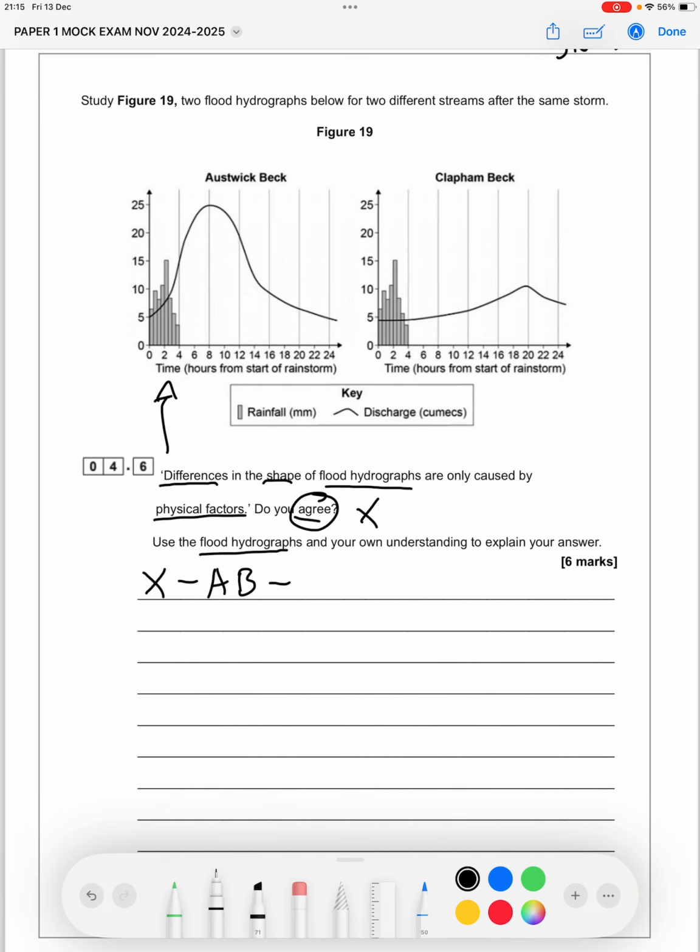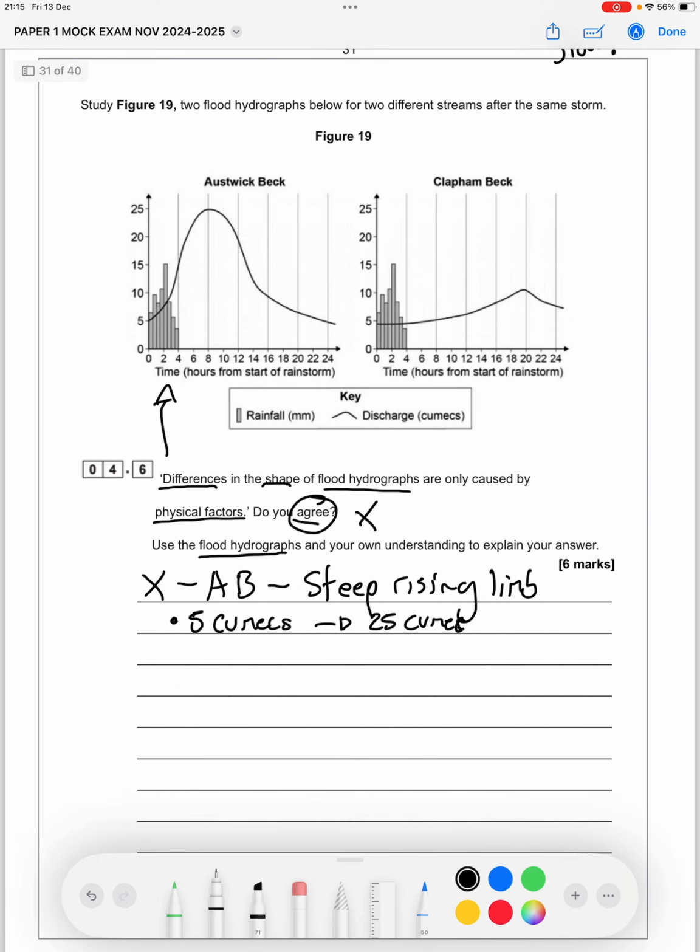Because as you can see, with Ostwick Beck, there is a steep rising limb. The discharge is going up quickly. You could say, using that figure, it goes from 5 cumecs to 25 cumecs in what, 8 hours?